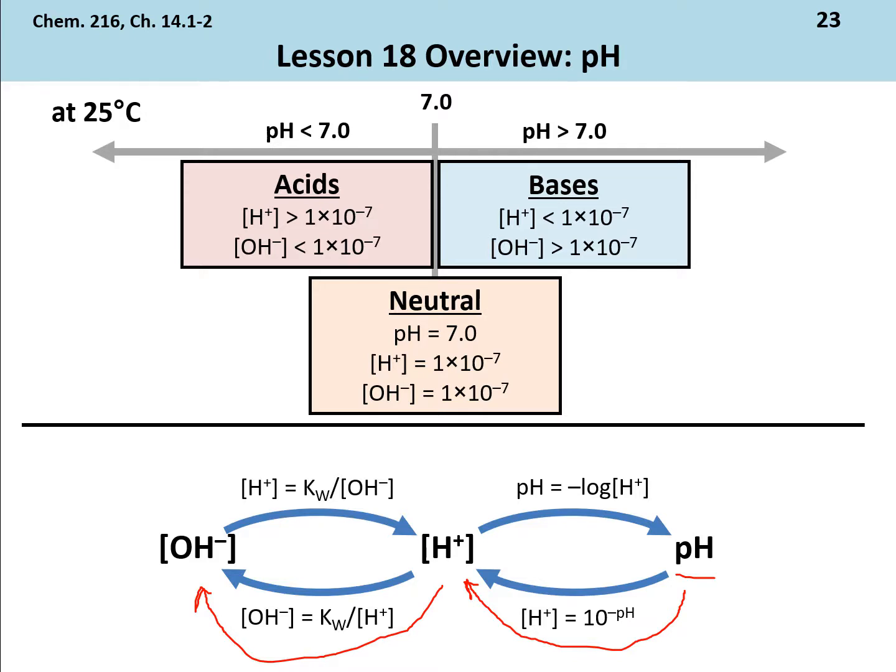If you're given H plus, you can use this equation to get to pH, and you can use this equation to get to OH minus. If you're given OH minus, you use this equation to get H plus, and then you use this other equation to get to pH. So you're all linking them together. Notice I didn't include pOH, because I don't actually like using pOH. It kind of makes sense to use sometimes, but these are typically what we're going to use: pH, H plus, and OH minus.